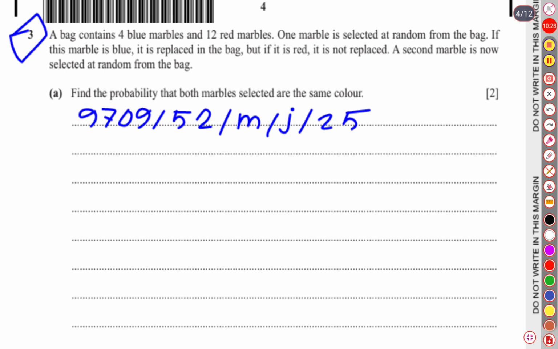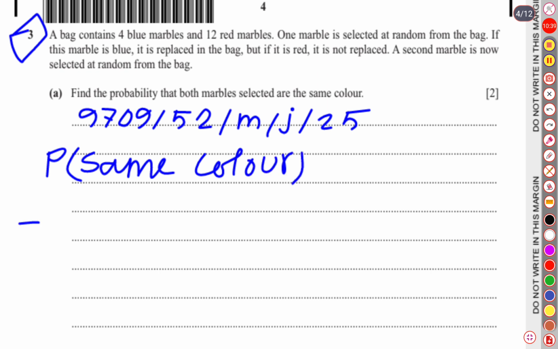So we need the probability of the same color. What are the possibilities? The first one is blue and the second one is also blue, or the first one is red and the second one is also red, because two marbles were selected.